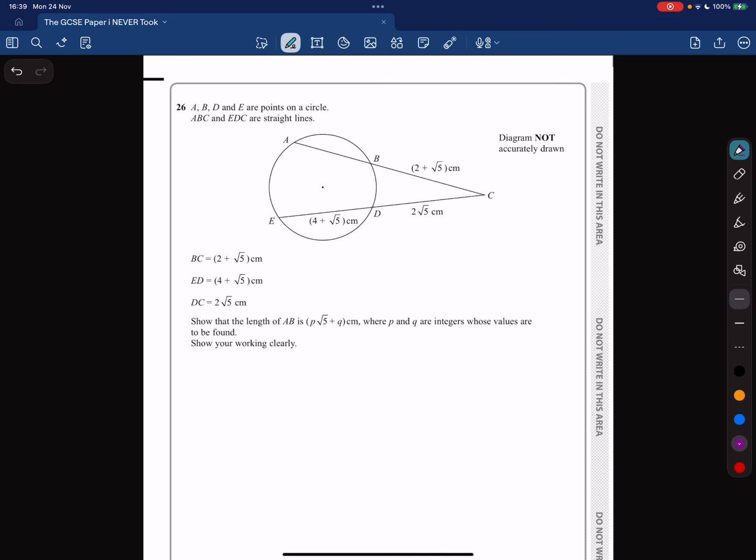Show the length of A to B, AB, is root P plus root Q, where Q and P are integers whose values are to be found. P to C is that. E to D is that.